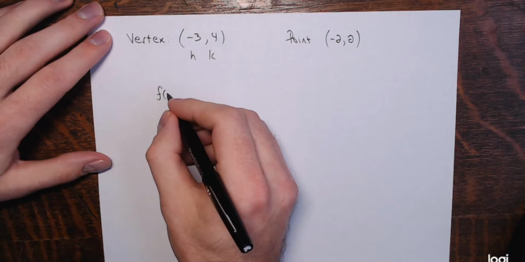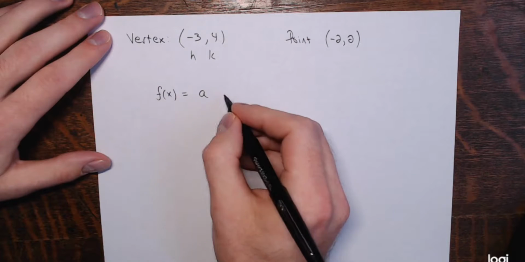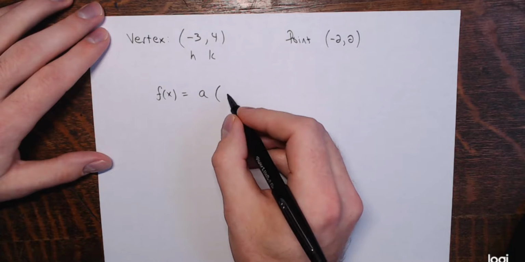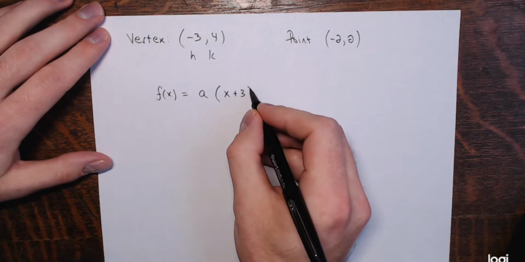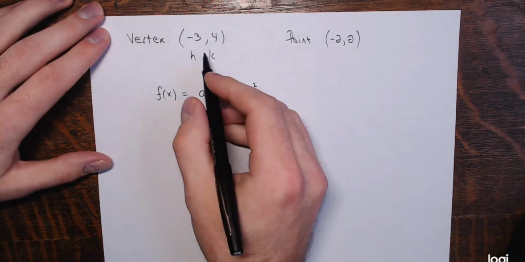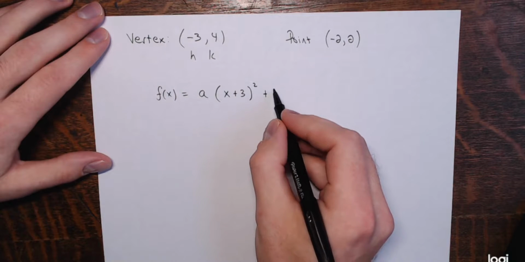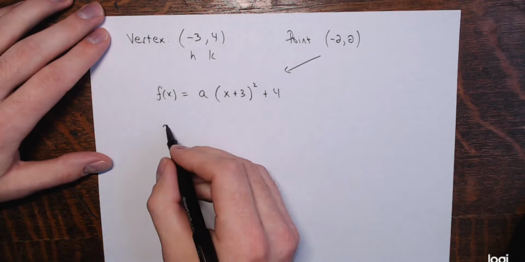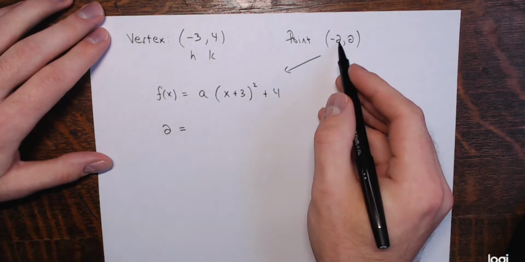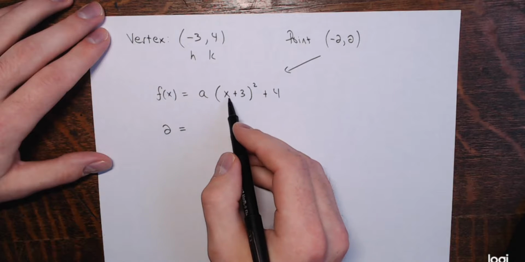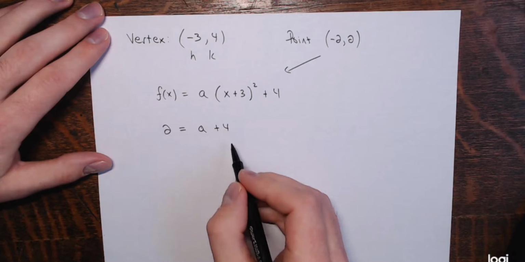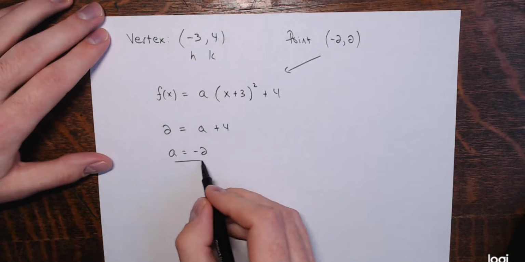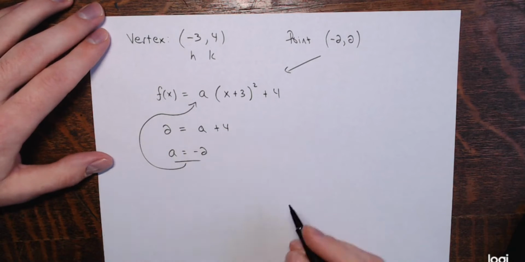So we have f of x or y equals a, I don't know, but it better be negative because the parabola is opening down, times x plus 3 squared, that's x minus negative 3, and then plus 4. Now I use the point, 2 for f of x, and if x were negative 2, this would just be 1 squared again, so we just have a plus 4. So a must be negative 2, which I was hoping was negative.